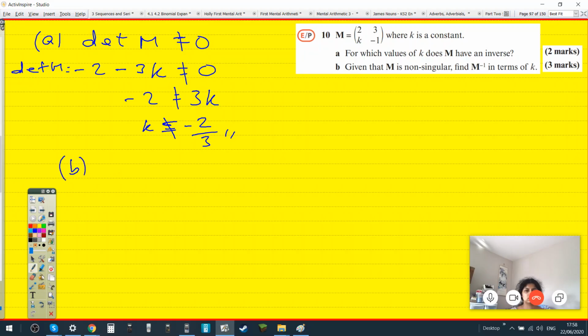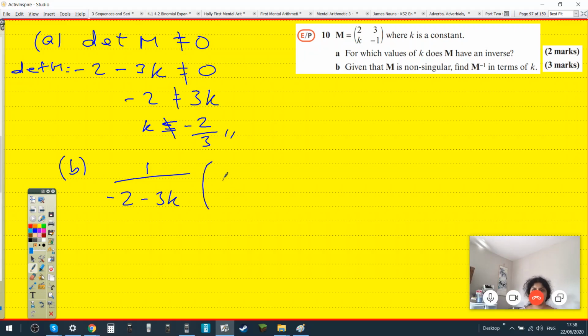And then b. Find M minus 1. That's the inverse. So that's 1 over minus 2/3, which is minus 3/2. Hang on. Wait, no, the determinant is minus 2 minus 3k. Yes. So 1 over minus 2 minus 3k.